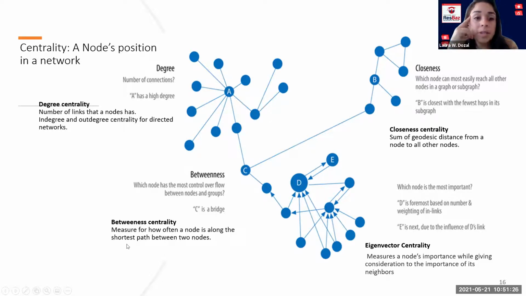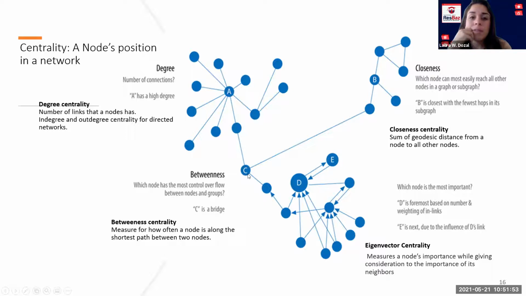And betweenness centrality is the measure for how often a node is along the shortest path between 2 nodes. So essentially, which node has the most control over the flow between 2 nodes in a group. How much of a middle person can this node be?